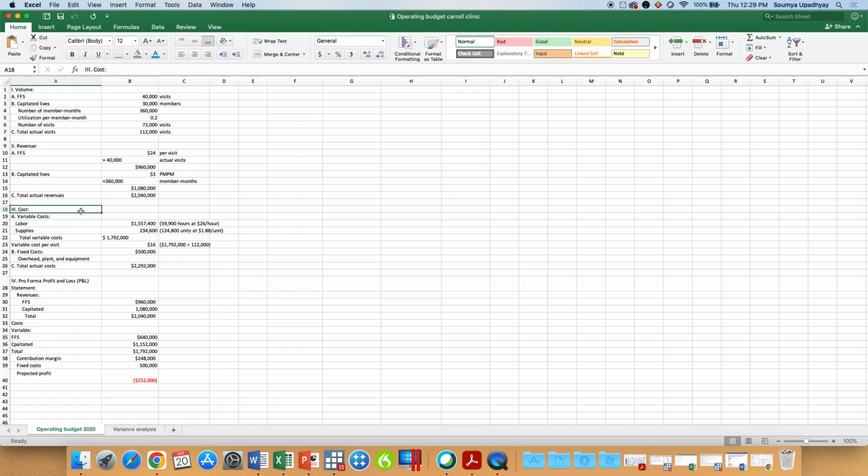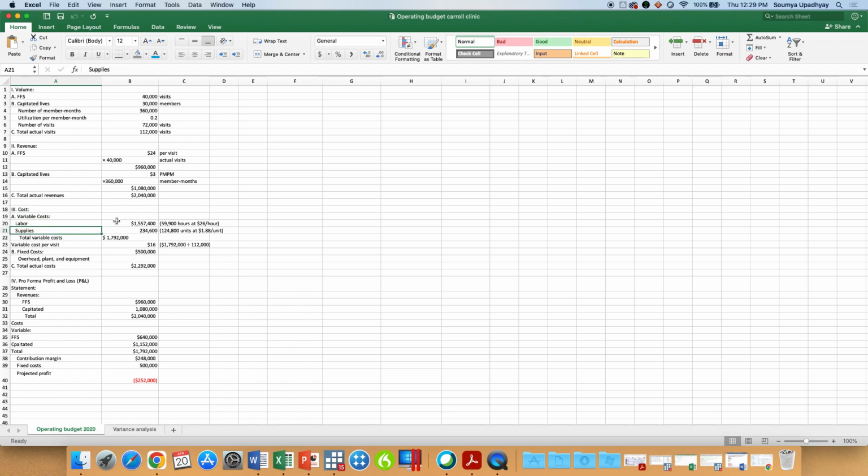The third part of the operating budget is cost, which is of two types, variable cost and fixed cost, and that gives us the total actual cost in the final line at number C. Variable cost is of two types. There can be many types in an actual organization, but for the sake of Caroll Clinic, we have divided it into two types. One is labor and the other one is supplies.